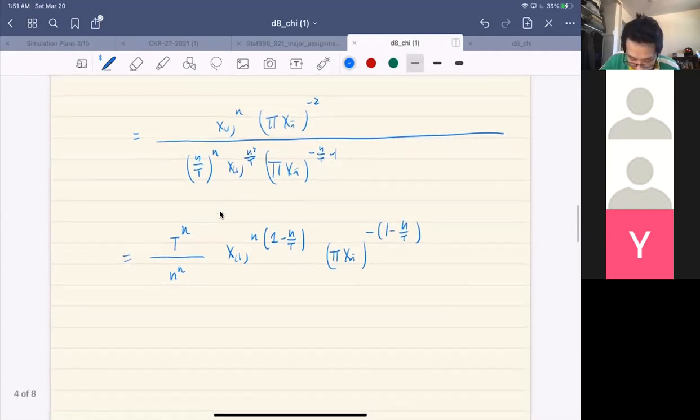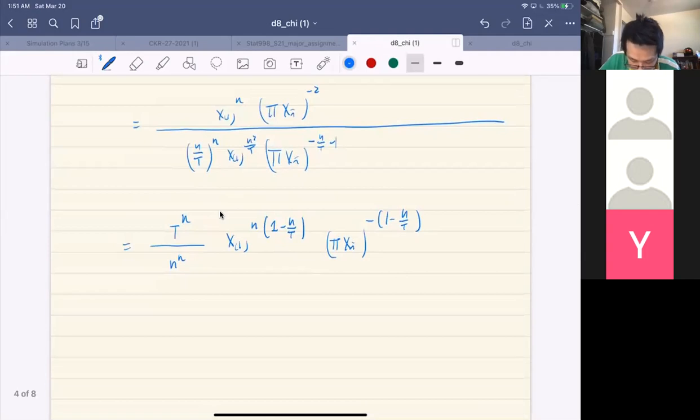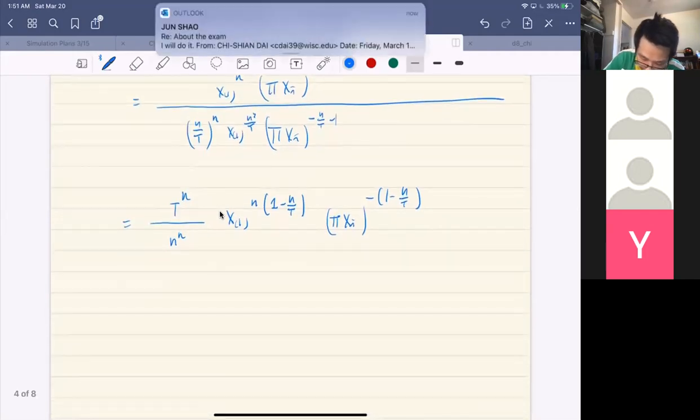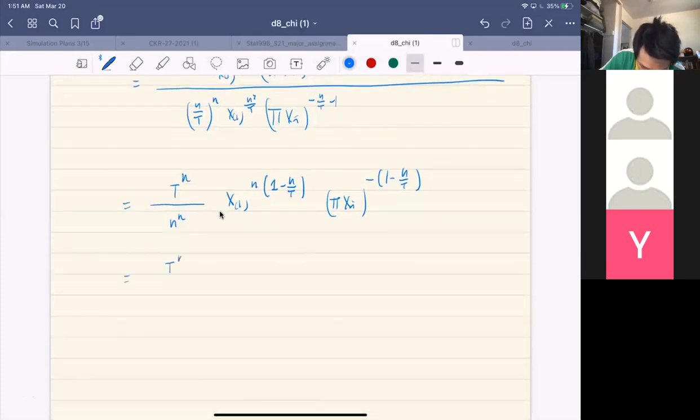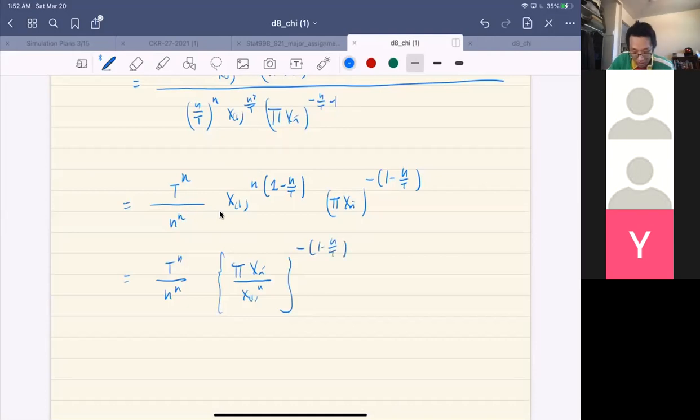Then it looks good because it can be like this: the product of Xi divided by this to the power n, and the power is negative 1 minus this. And this term is equal to exponential of t.